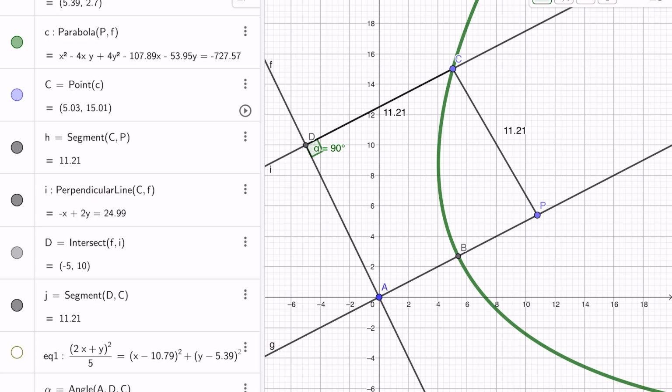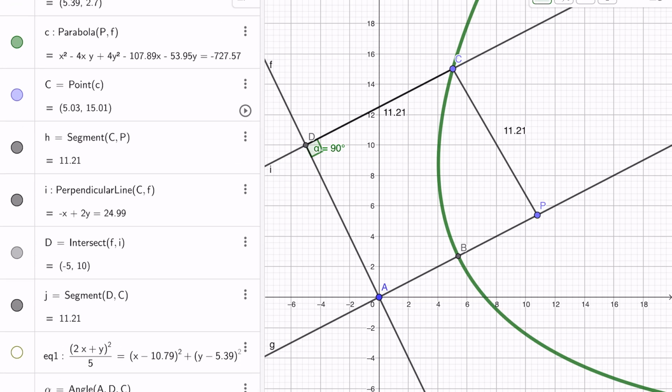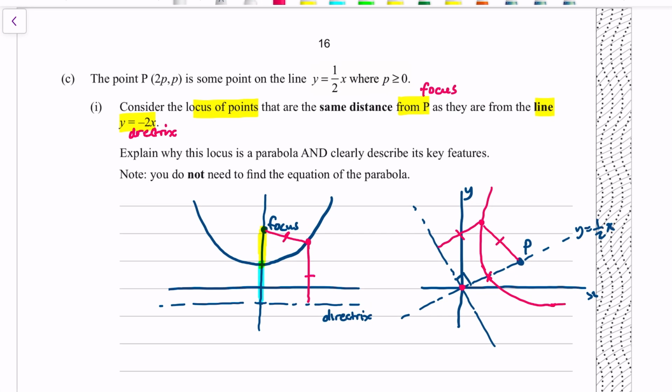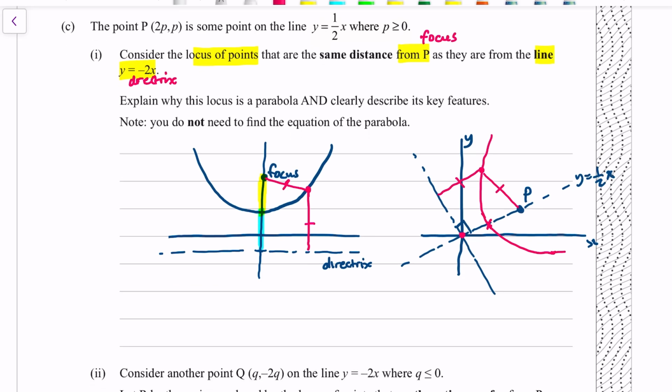And then lastly, if you can see down on the bottom left, I have equation 1, and it's written in a different format. It looks nicer than the first equation, but it's actually the same equation. The way I found it was to use coordinate geometry, even though the question said you didn't have to use it. You could. To do that, you would have gone: what is the distance from P?